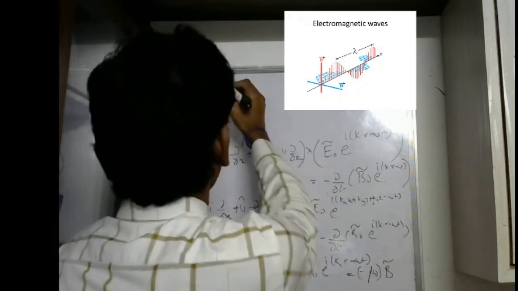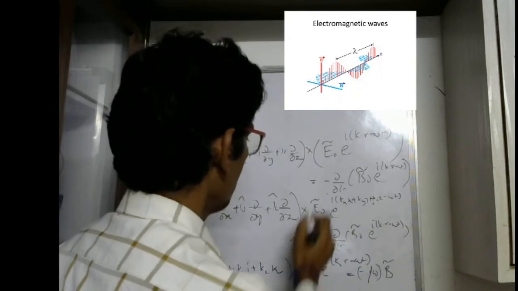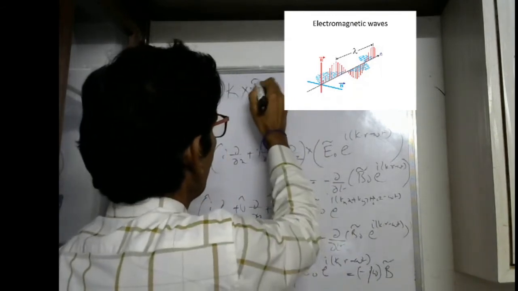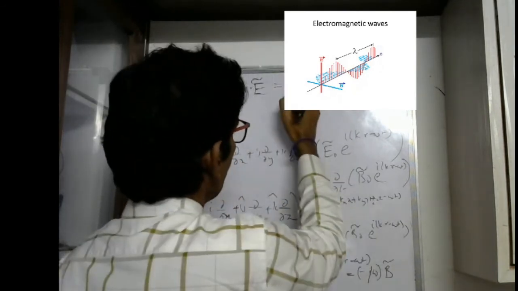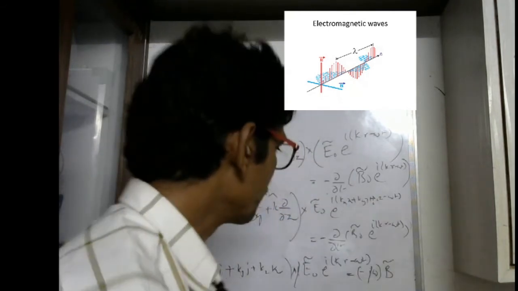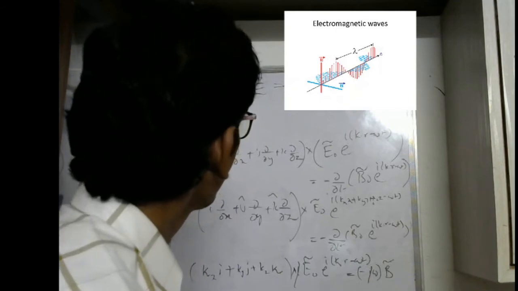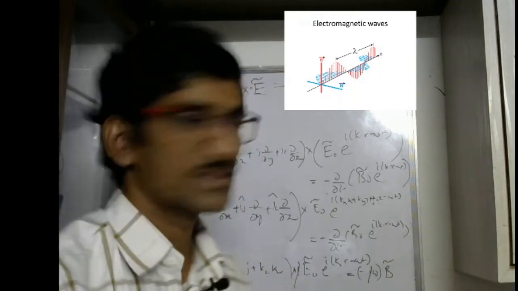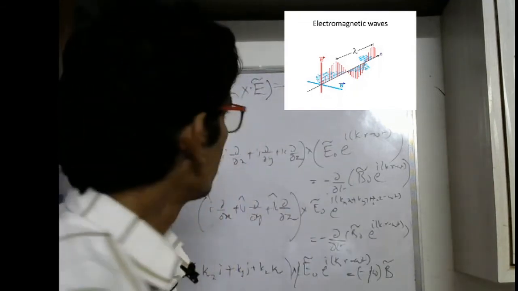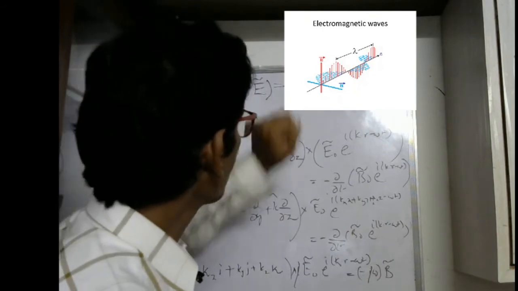So now you have k cross E, and on this side you have minus of B. Okay, what is the meaning of this expression? Vector k cross vector E is equal to vector B.